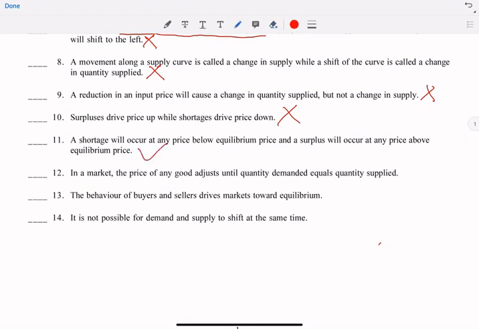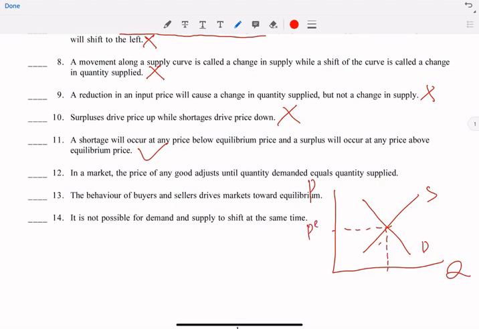So, you could basically look at the supply and the demand curve, right? And let's say this is the equilibrium price, right? So let's call this PE, which represents equilibrium price.